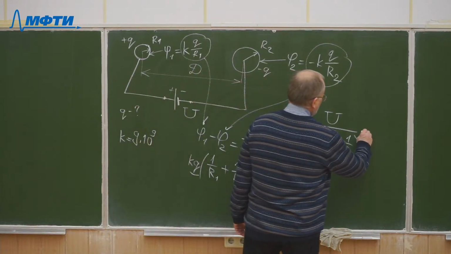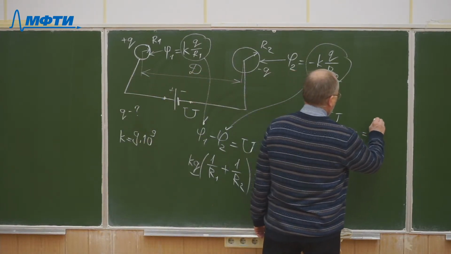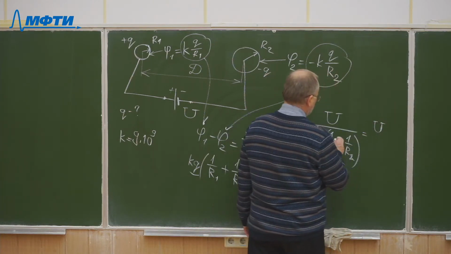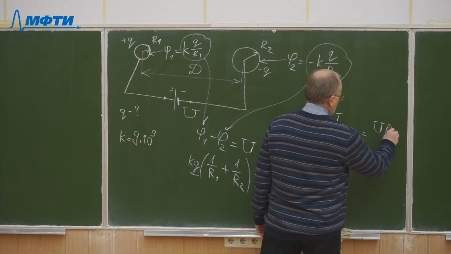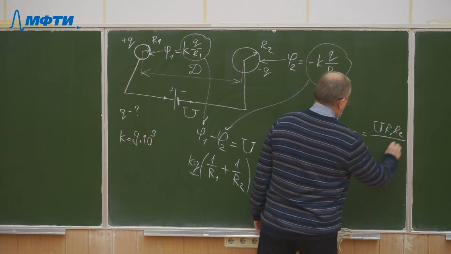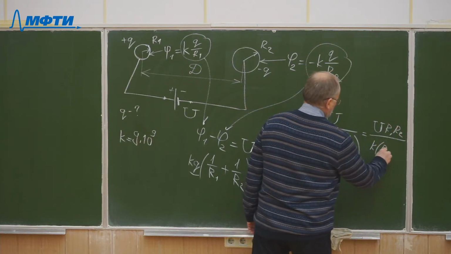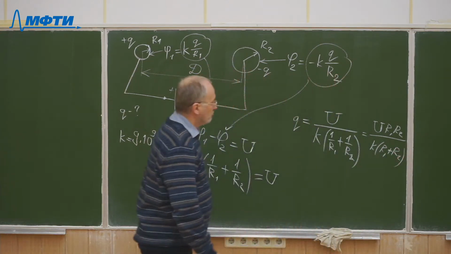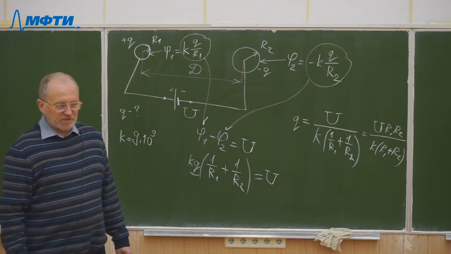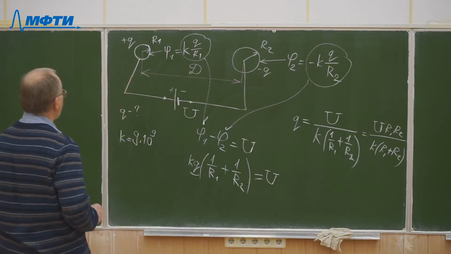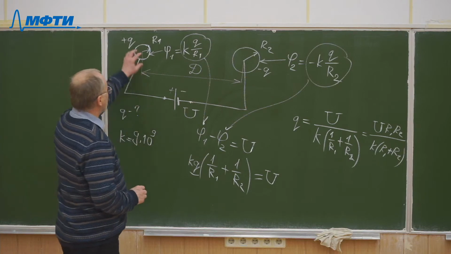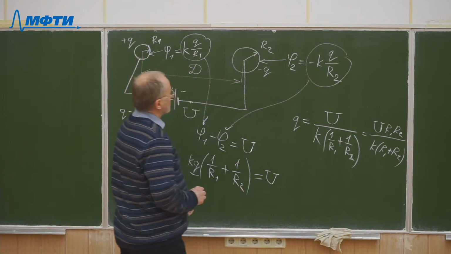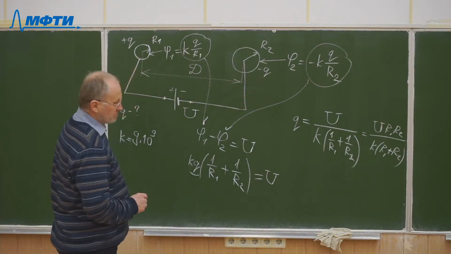We can certainly write this answer in a more suitable way, which will be U R1 R2 over K times (R1 plus R2). That will be the answer to the given problem. That will be the charge accumulated on each of the spherical conductors.